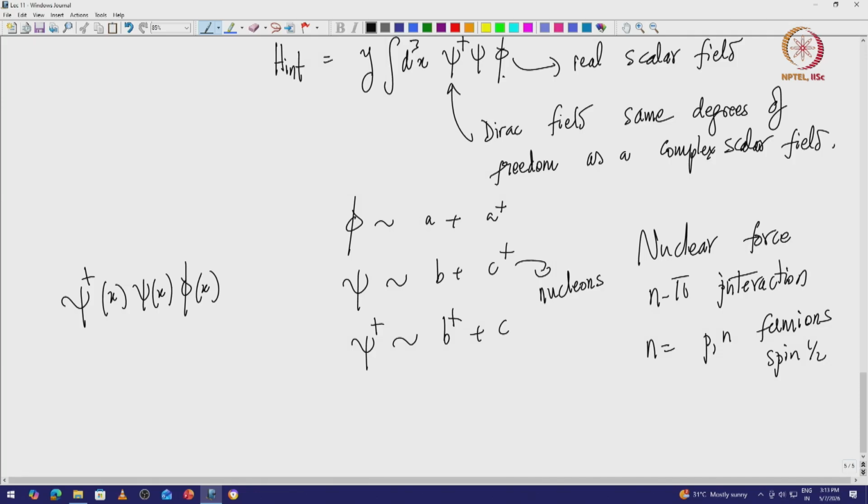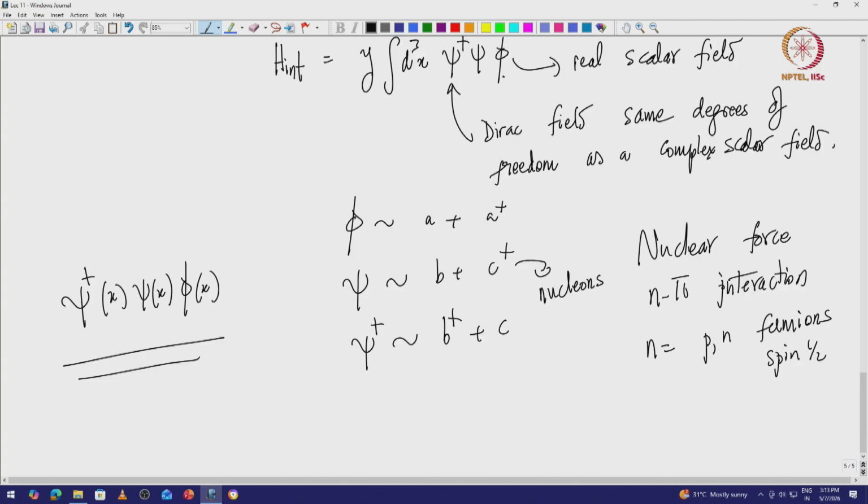The exact interaction actually has much more complications. It also has the SU2 symmetry, isospin symmetry. This is the standard Yukawa interaction, 2 fermions and a scalar. So what does this interaction do?